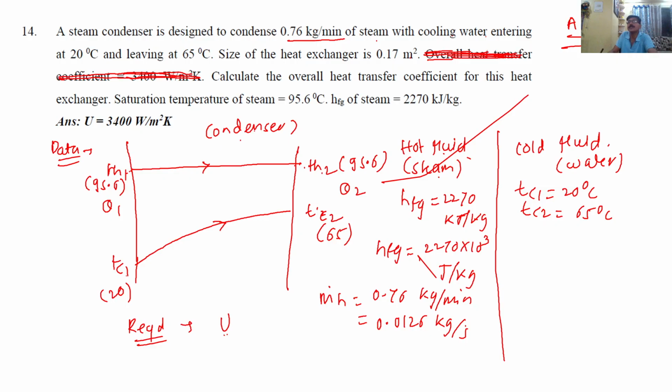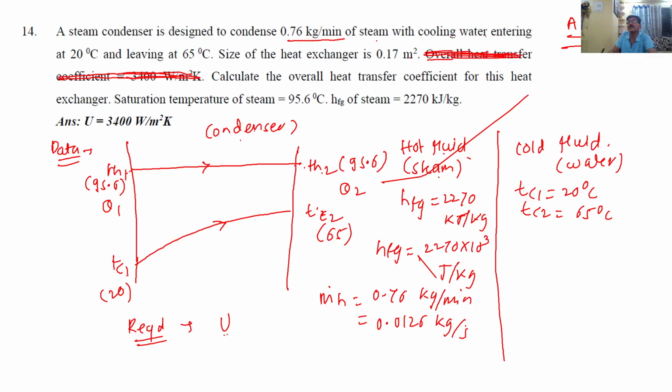So I can modify this as Q is equal to CH, the heat capacity rate, times TH1 minus TH2, equal to capital CC, the heat capacity rate for the cold fluid, times TC2 minus TC1.